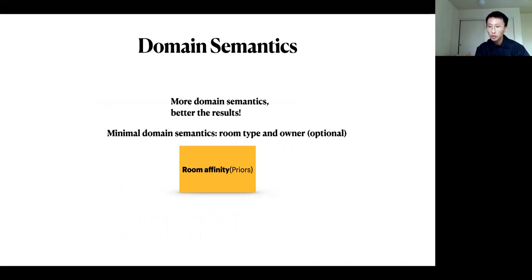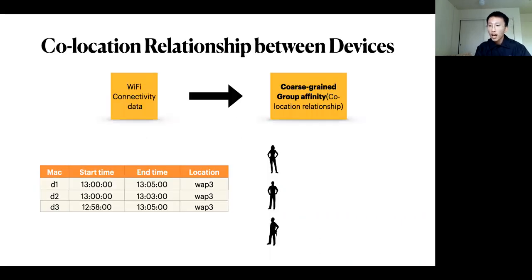Based on such information, we compute a probability called the room affinity, which is applied to measure how possible a user is in a room. Second, we have Wi-Fi connectivity data, and what information can we get from such data? We show that we can learn the co-location relationship between devices.